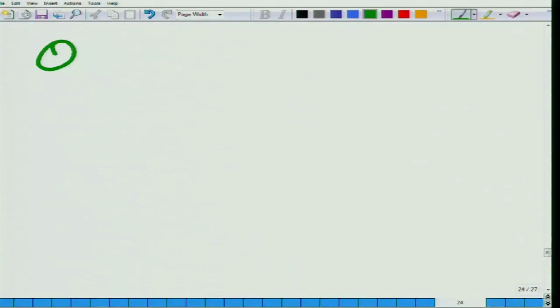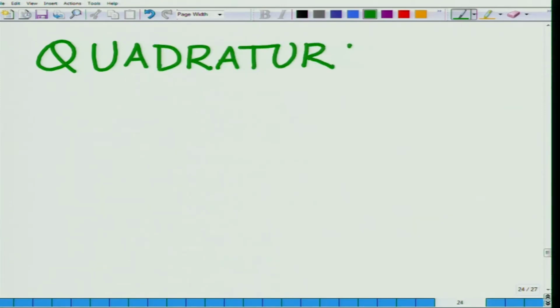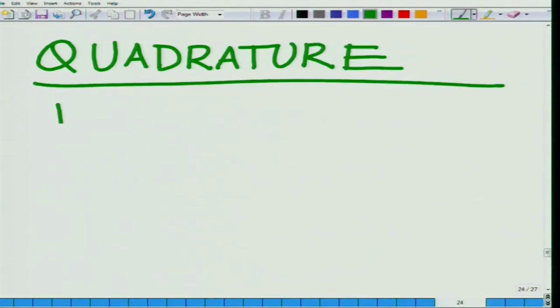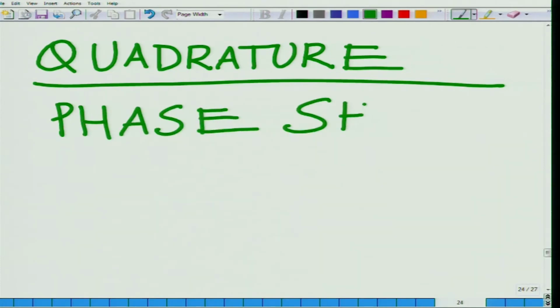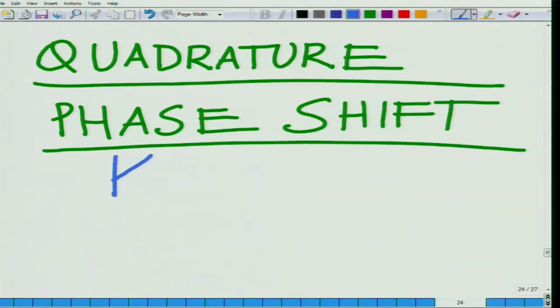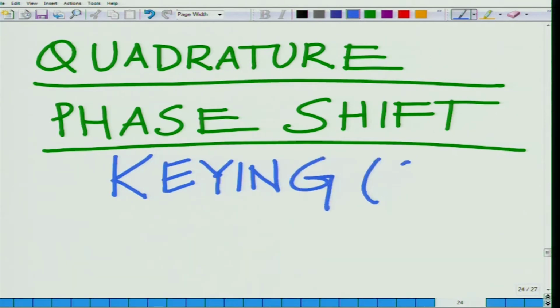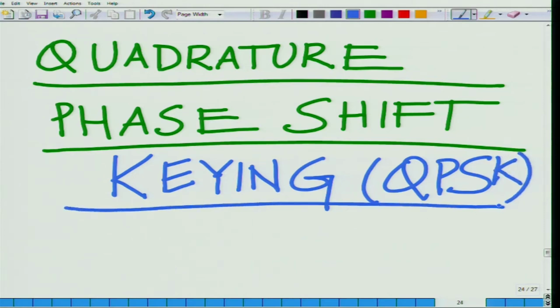In this module we will start looking at another digital modulation scheme, that is quadrature phase shift key, also abbreviated as QPSK. So, this stands for quadrature phase shift key.